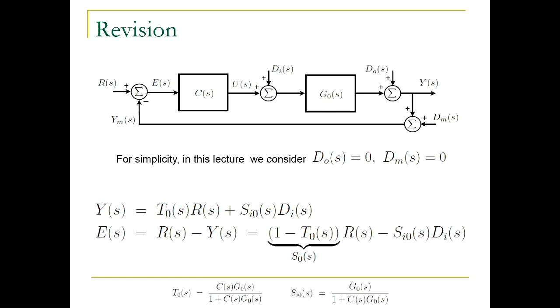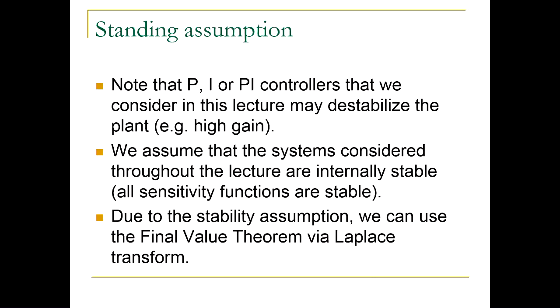So in all of this feedback in general, the controller might destabilize the plant. I didn't tell you yet how to design the controller, but in this lecture we assume that the system is stable.